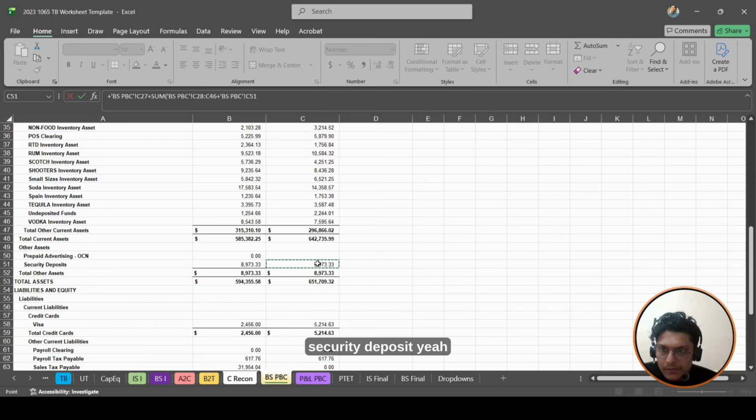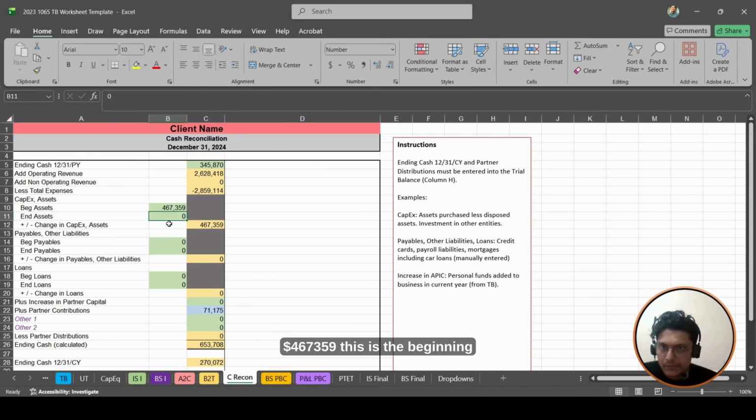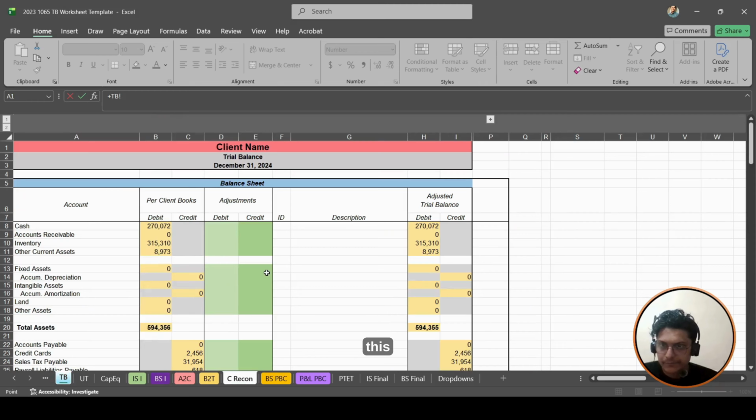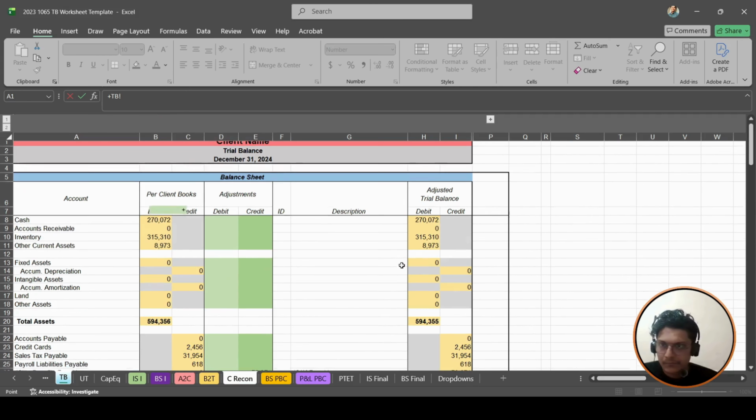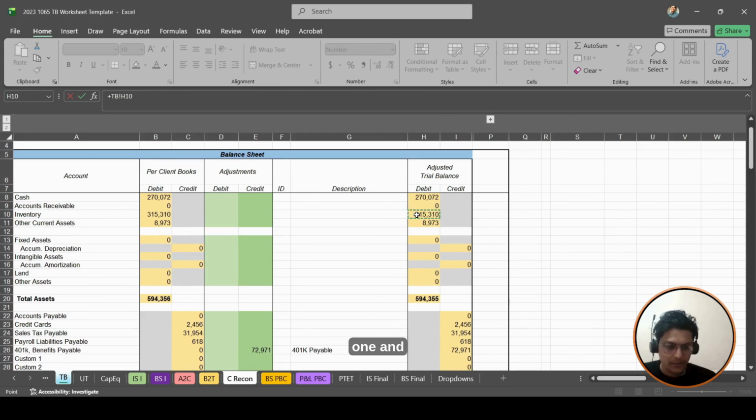Secured deposit. Yeah, that's it. 46,359. This is the beginning. We can take the ending one directly from the trial balance. This one and this one.